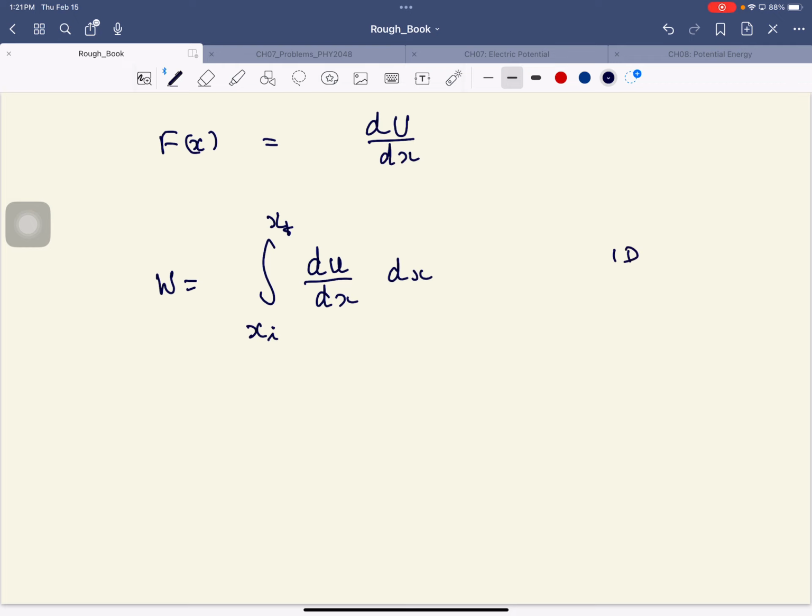Again, this is the 1D case. So what does the fundamental theorem of calculus say? This is du by dx, a derivative, and what is this guy called? Antiderivative. It undoes whatever this guy does. So the integral of this is just u, evaluated from xi to xf, that's equal to u(xf) minus u(xi).